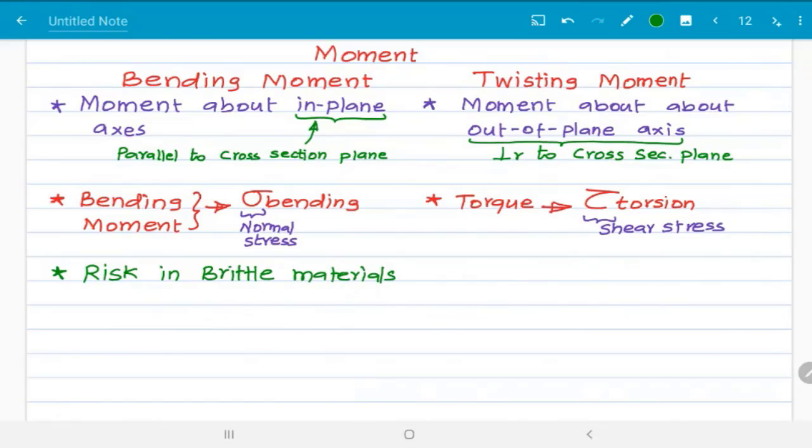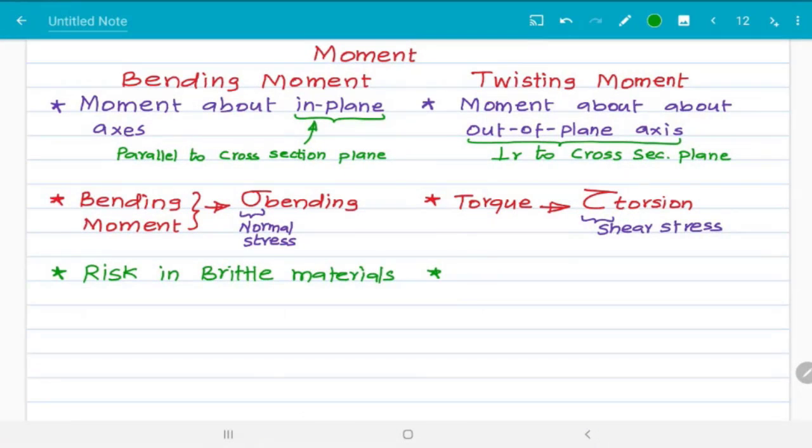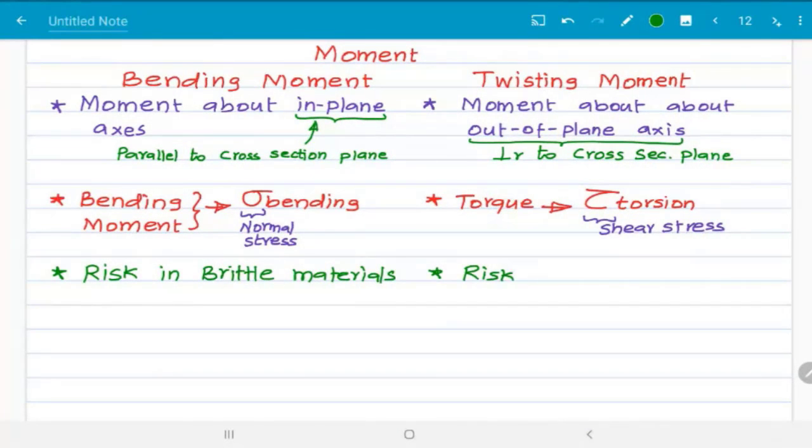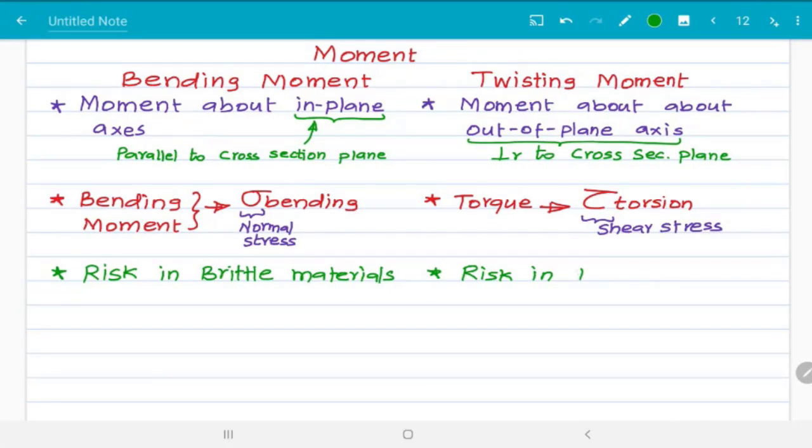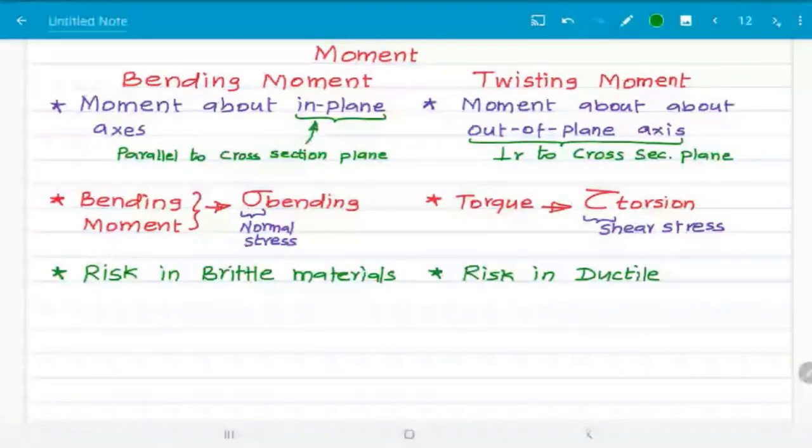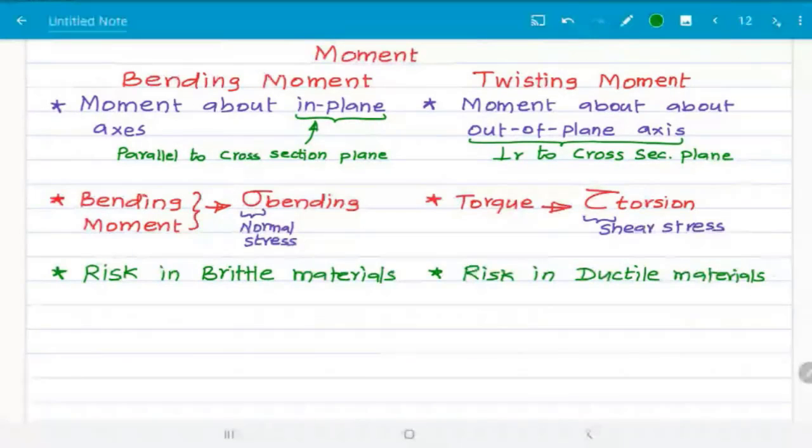Right. Shear stresses are dangerous in ductile materials.